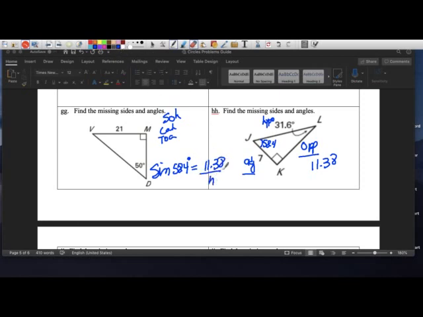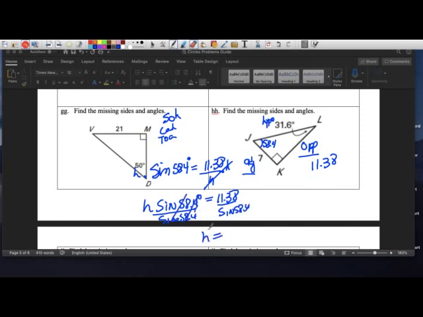So we multiply both sides by h first, and that gets us 11.38. Then we divide this by sine of 58.4, and divide this by sine 58.4. That goes away.